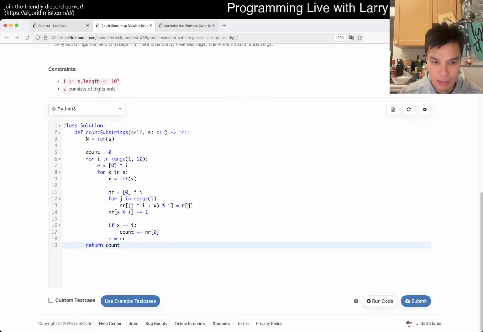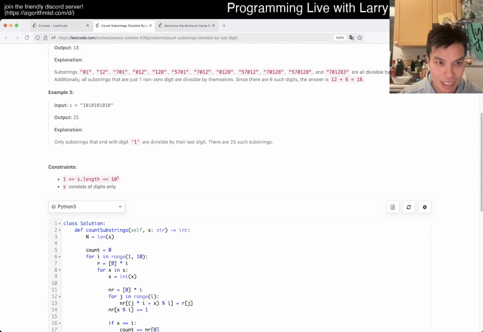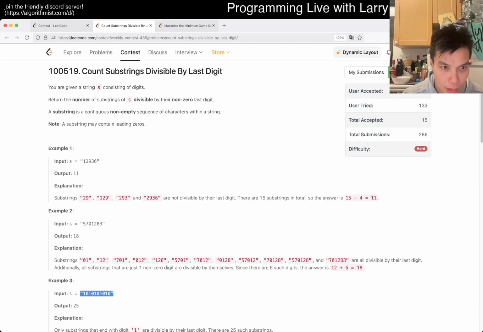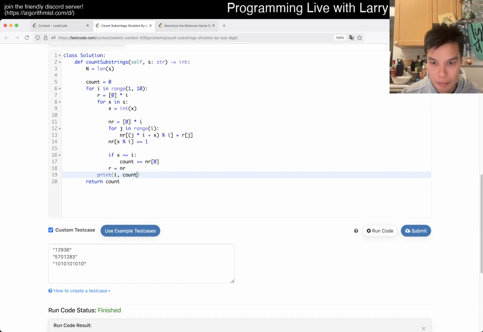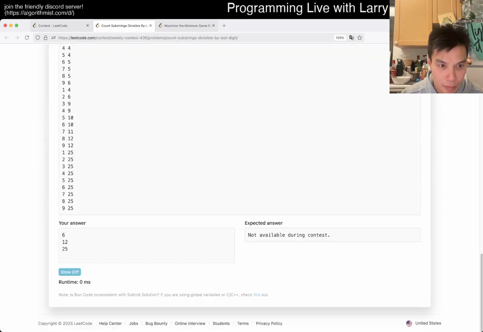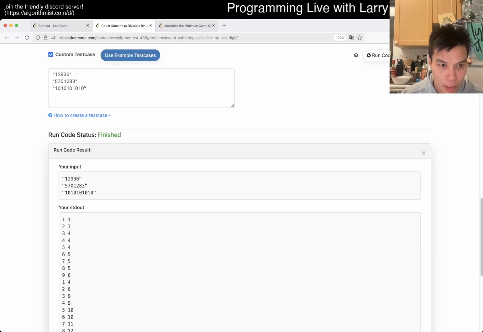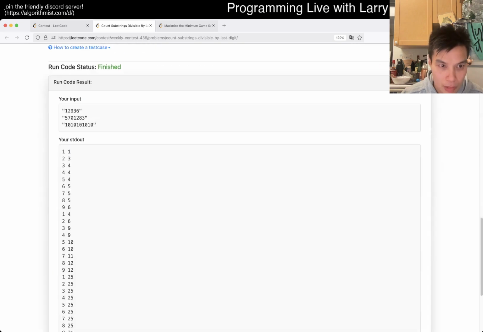I think it may be too slow because Leetcode is silly. Okay, it's not right. It's right for the last one, so that's good. I was only thinking of ones and zeros, so maybe there's something weird about it. So for 1, it only has one number to end, so 1 has 1.